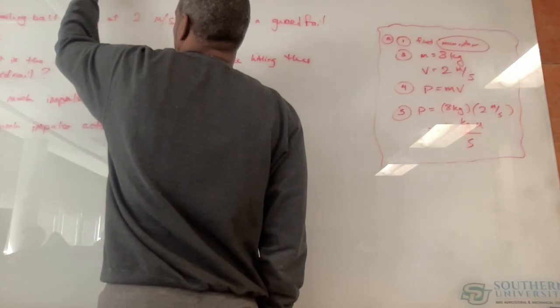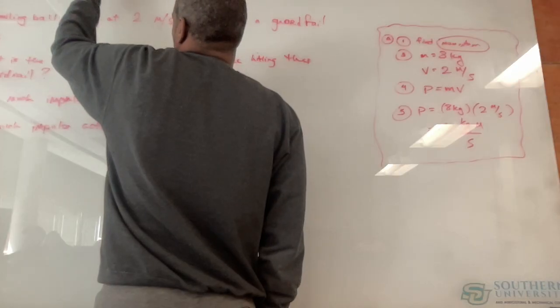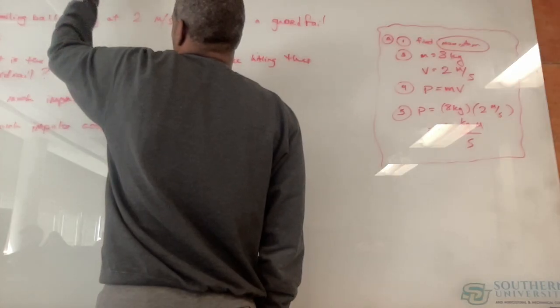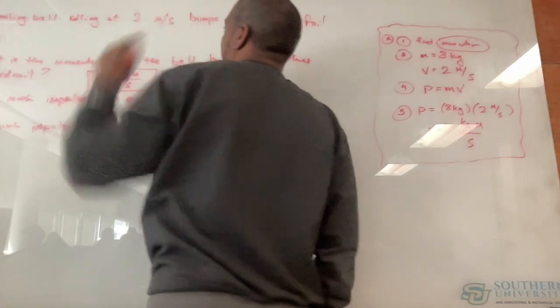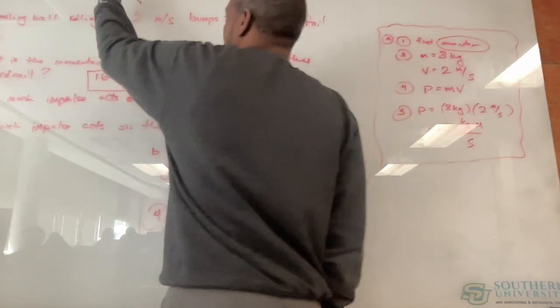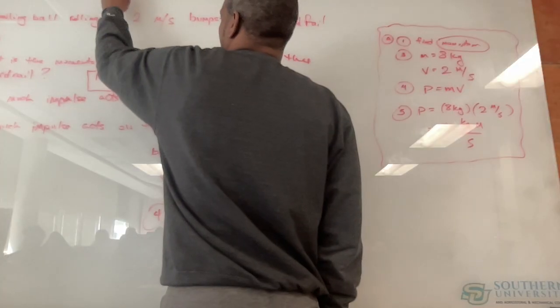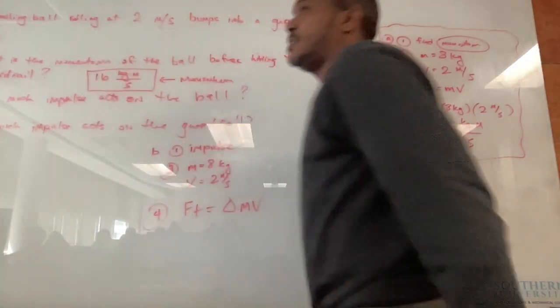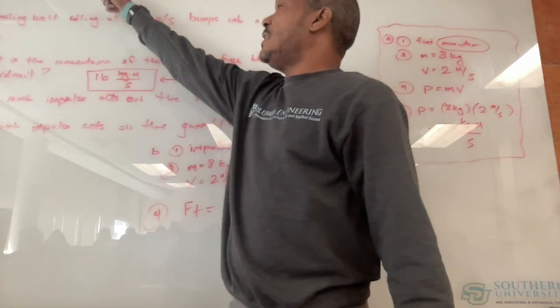Mass and v1 minus what? Mass at v naught. Or if you want to change it to 1 and then 2. Just means the change in going from this speed to this speed.